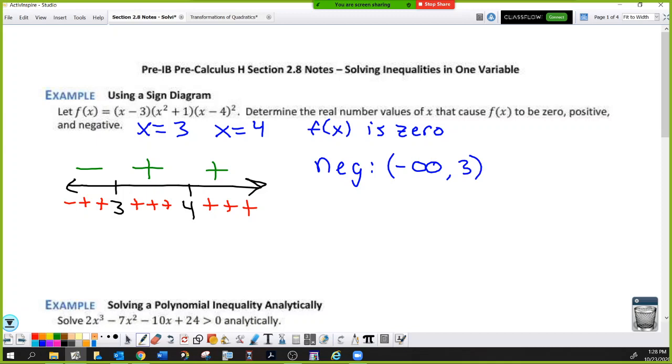I can't put a bracket on it because at 3, my function is 0, not negative. And we are positive between 3 and 4, but not including because those are the 2 times where I'm equal to 0. And put it together with all the numbers to the right of 4. Ta-da!